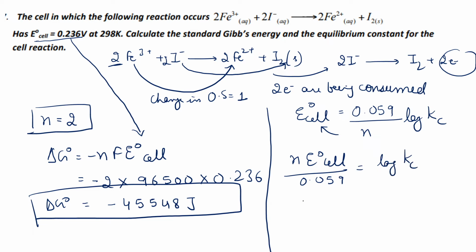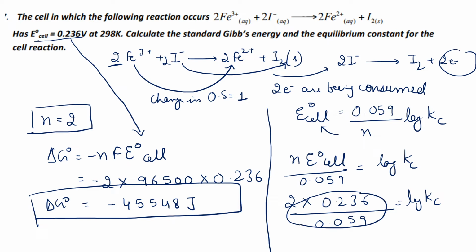Substituting the values, 2 into 0.236 divided by 0.059 gives log Kc as 8. Taking the anti-log, the equilibrium constant Kc is 10 raised to power 8. This is the answer.